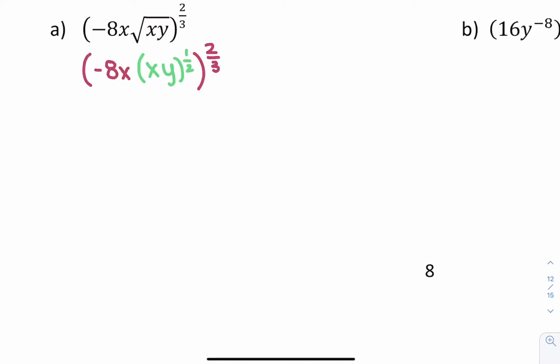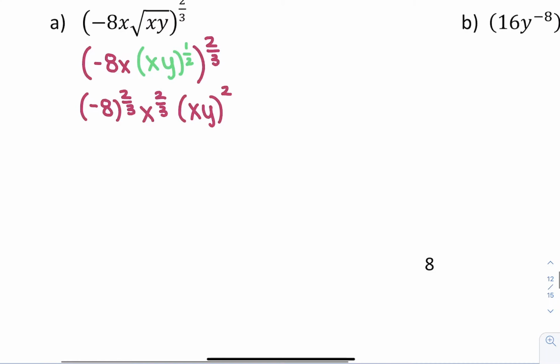So now I'm going to try to raise everything to the 2/3 power. So this is going to be negative 8 to the 2/3, x to the 2/3, and xy, now I multiply, to the 2/6. So I end up with negative 8 to the 2/3, x to the 2/3, x to the 1/3, y to the 1/3, because 2/6 simplifies.